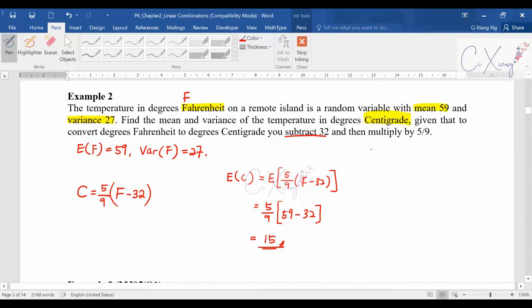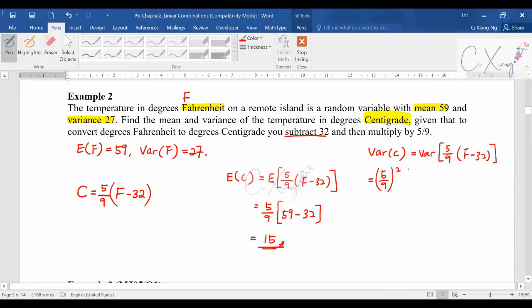Next, continue to variance. If they want you to find the variance of C, variance of C means Var(5 over 9 times (F minus 32)). To show you in detail, I write it out in detail. When you take the 5 over 9 out from the variance, you need to square it.